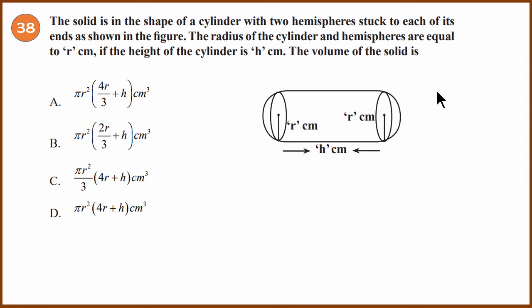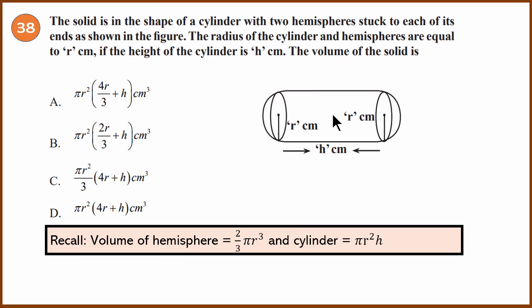38th question. Here we're supposed to tell about a solid in the shape of a cylinder with 2 hemispheres. This is a hemisphere, this is a hemisphere, and this is a cylinder. We are supposed to tell the volume of the solid. Hemisphere volume formula is 2 by 3 pi r cube, cylinder volume formula is pi r square h.